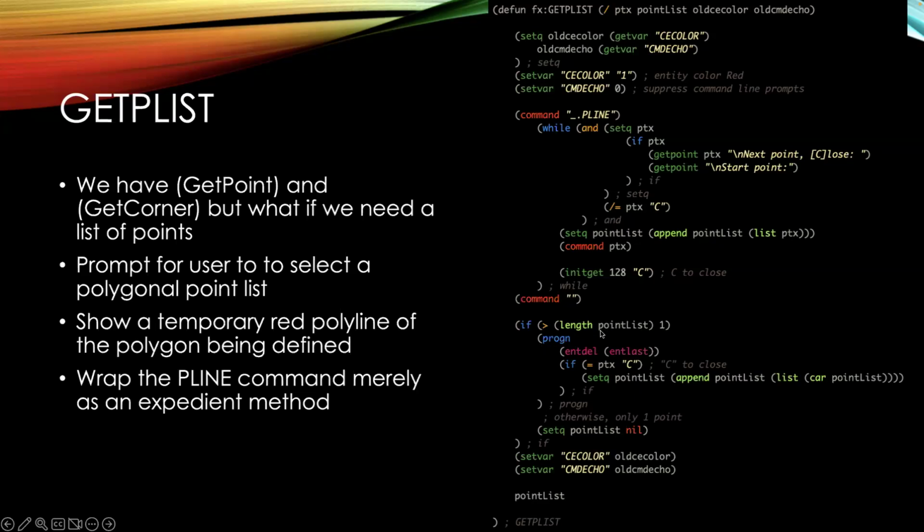If there was no point list, or only one point, we set it to nil. I want a point list, not one point, but it's pretty rare someone would only click one point and then try to cancel out. But anyway, let's see what this one looks like.